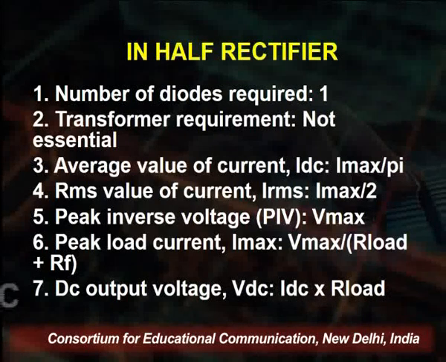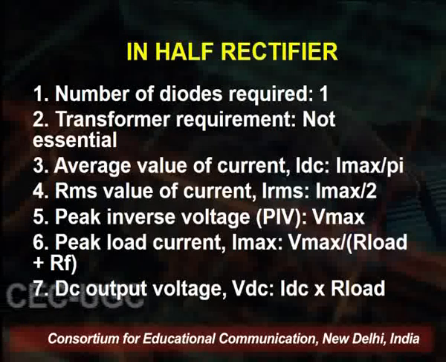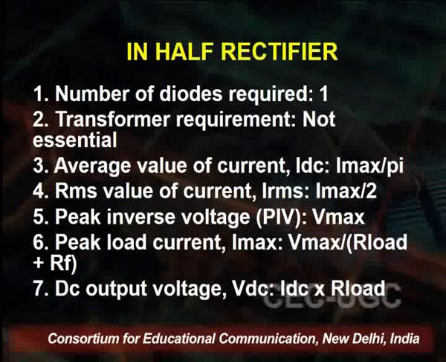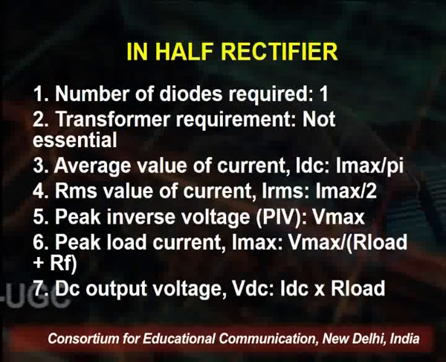Now in the half wave rectifier there are some parameters. The number of diodes required is 1, transformer requirement is not essential, the average value of the current is I DC, the maximum and RMS value of the current is I RMS, and the peak inverse voltage will be V maximum. Here we have the peak load voltage I maximum and the load DC output voltage.